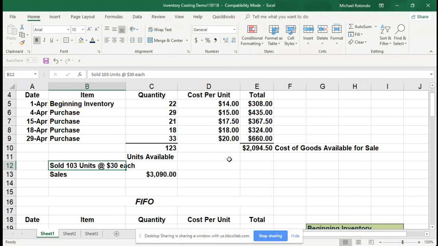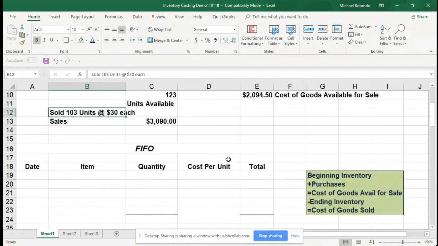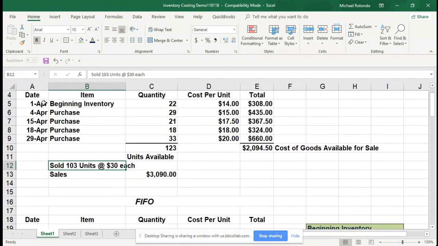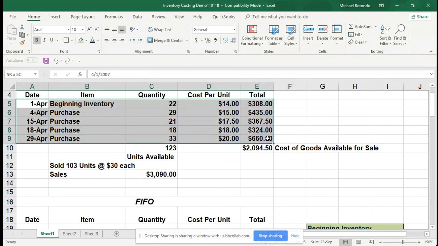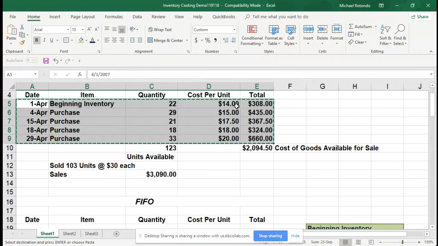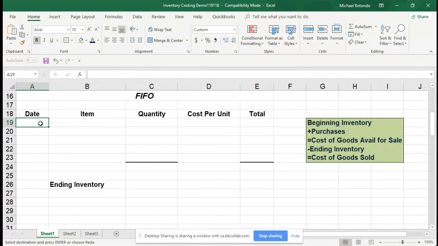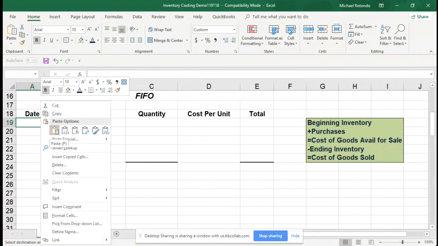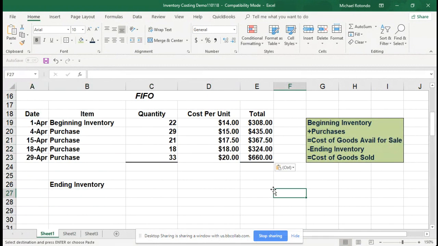We know that there's 20 left in ending inventory. So what I would suggest we do is just copy this all down, so that way we don't have to redo formulas. So let's copy this down to here. And then we can add these up.